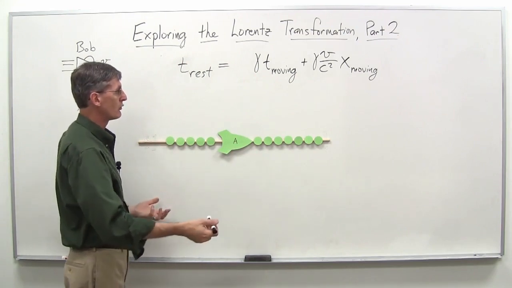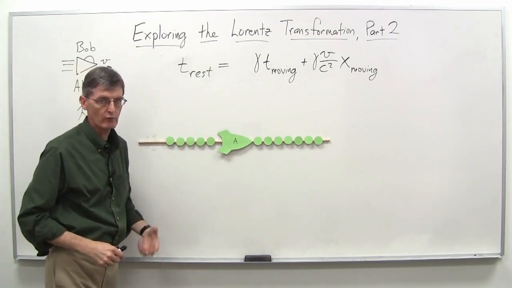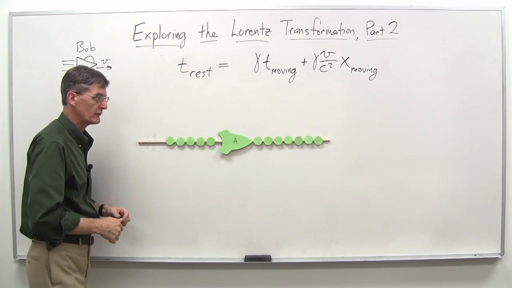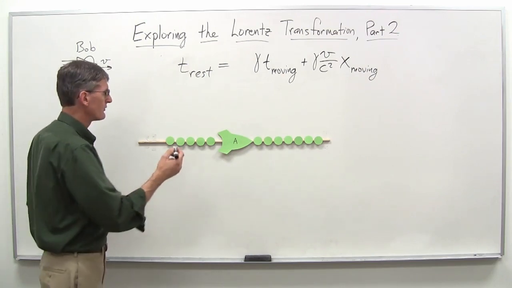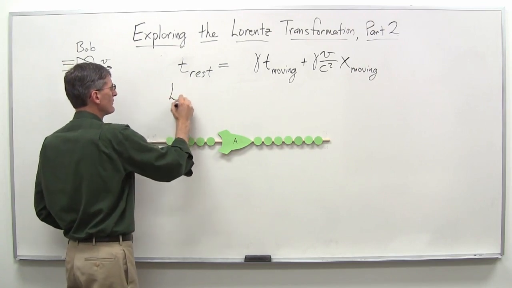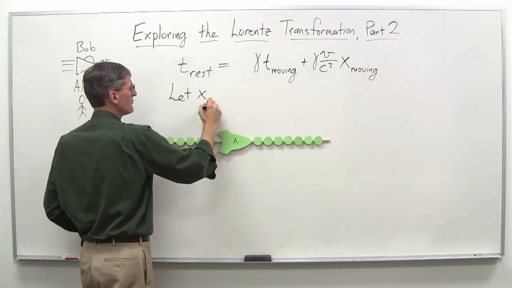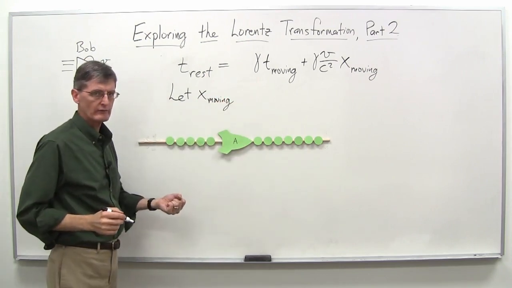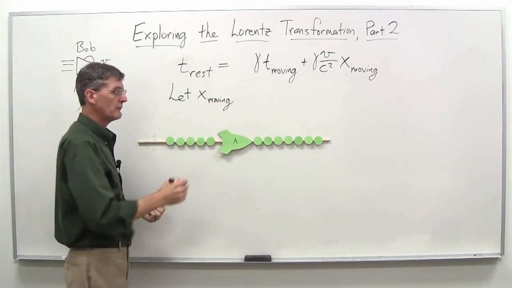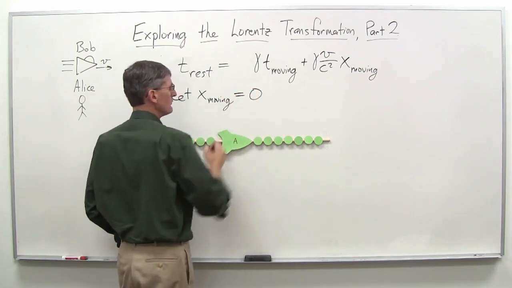We want to transform that into a time value for Alice in this case. So just as we did with the last equation, let's explore this a little bit. Let's just let x moving, in other words, Bob's measurement of some event in the moving frame, equal 0.